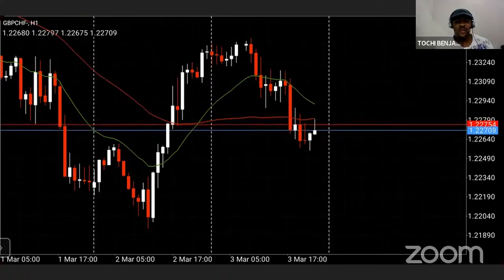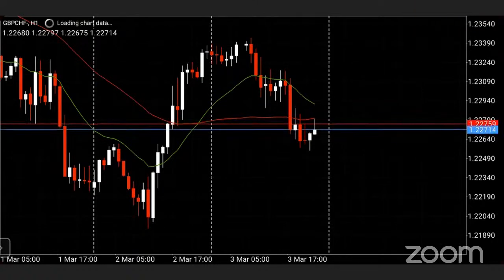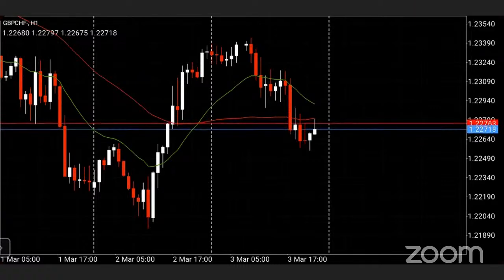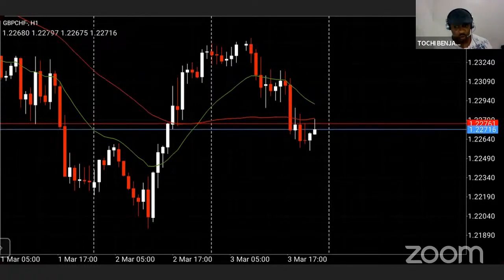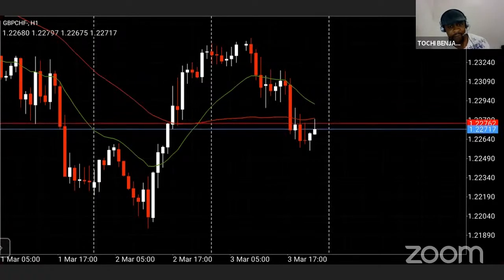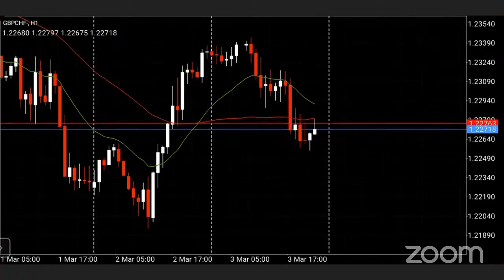I have 2 moving averages on my chart. You said one is for the price and the other one is for direction. Okay, sir, I understand what you say.